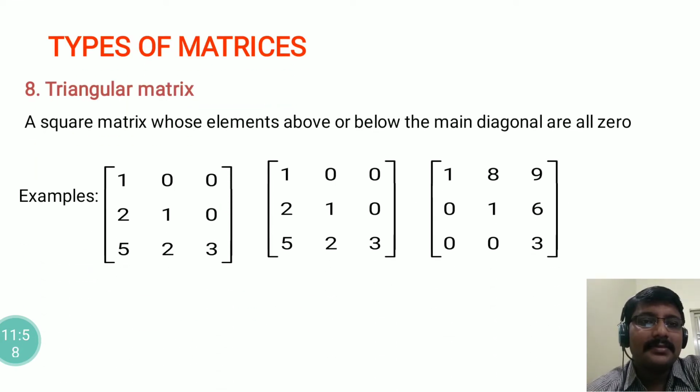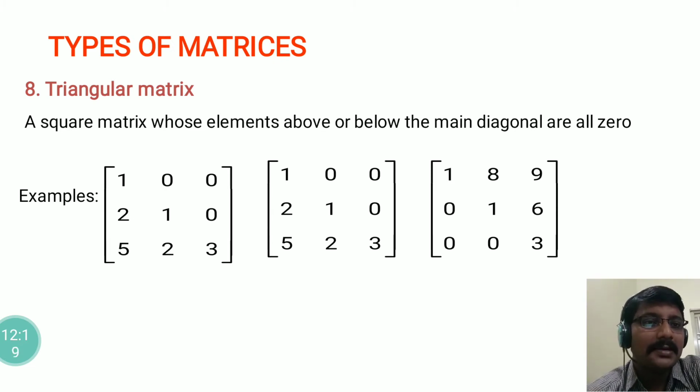Triangular matrix. A square matrix whose elements all above or below the main diagonal are zeros is called a triangular matrix. In the first example, the elements above the principal diagonal are zeros. In the second example also, the elements above the principal diagonal are zeros.